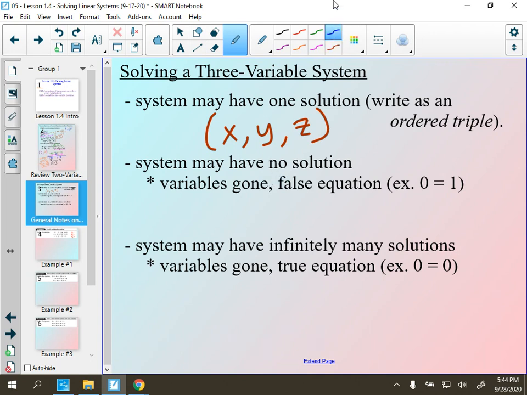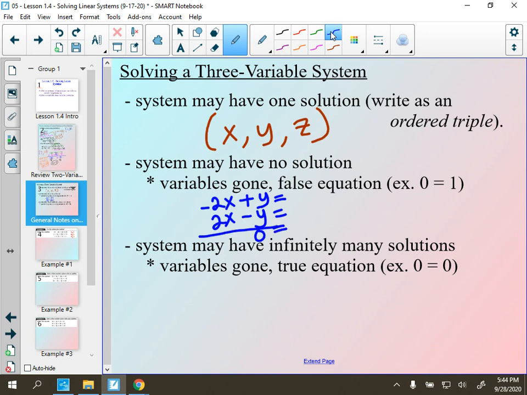An example of what that might look like: let's say I go to eliminate my x's, and I need opposite signs on these. So let's say I ended up with negative 2x and then a 2x in my second one. But whether I realize it or not, I ended up with opposite coefficients on both the x and the y terms. So when I add the left side of the equation, I'm going to get 0. That whole side disappeared.